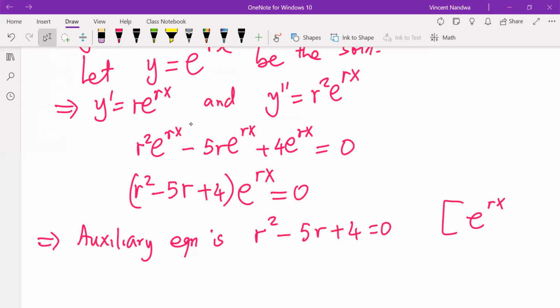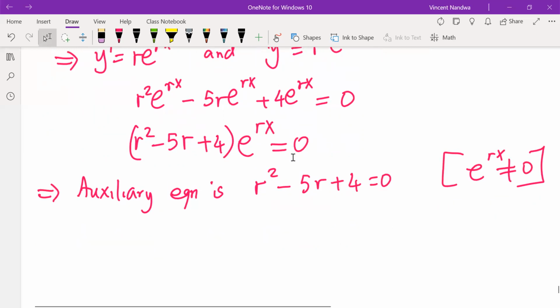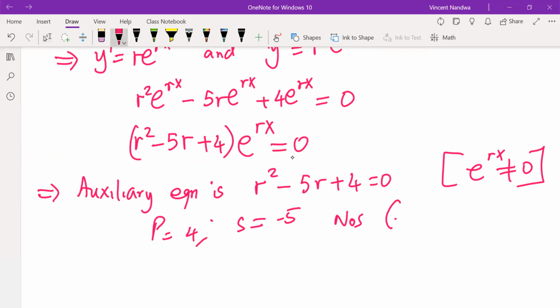This e raised to power rx is always non-zero. So product is 4, sum is minus 5. So the numbers are -1, -4. So we'll have r squared minus r minus 4r plus 4 equals 0.